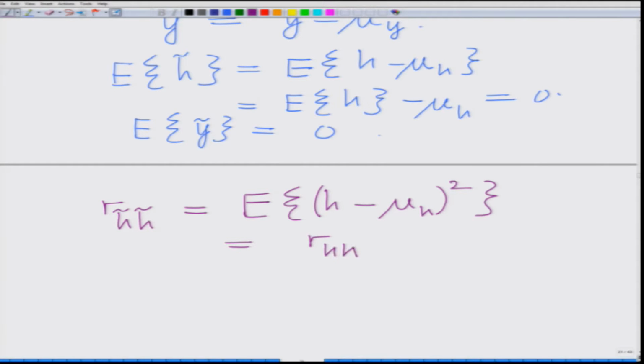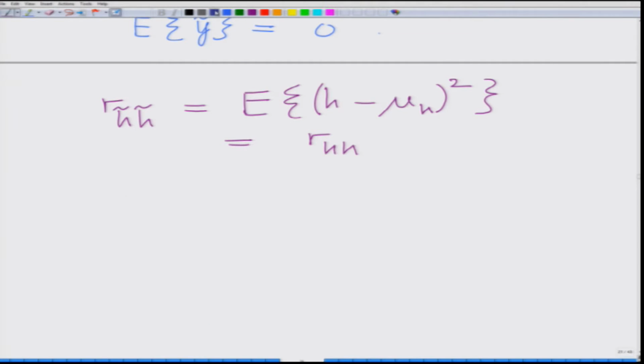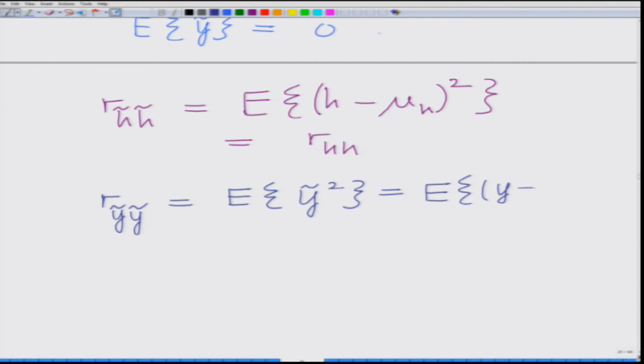This is r h comma h. Similarly, r of y tilde, the variance of y tilde, which is expected value of y tilde square, which is expected value of y minus mu y square, which is equal to r y y.